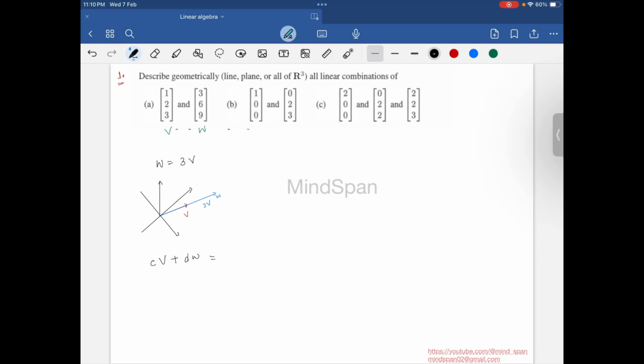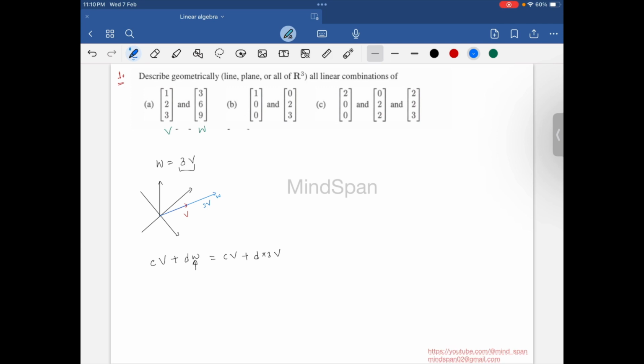So we can write c times V plus d times W, and this W is nothing but 3 times V, and c and d are some real numbers, any scalars.